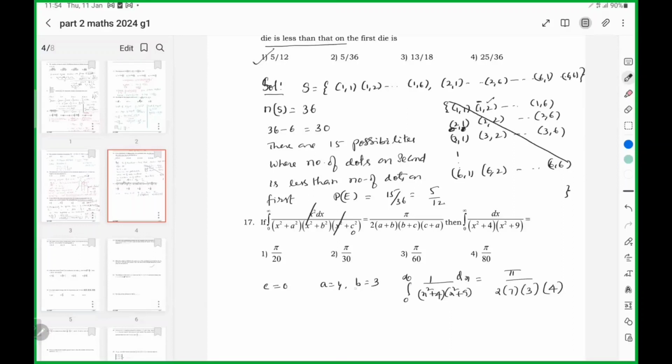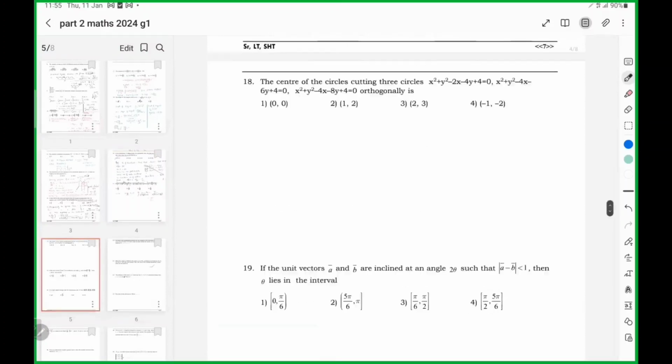Sorry, it is a is 2. A plus b will be 5. B plus c is 0. C plus a will be 2. 6, 5, 30 into 2. Answer is 5 by 60.